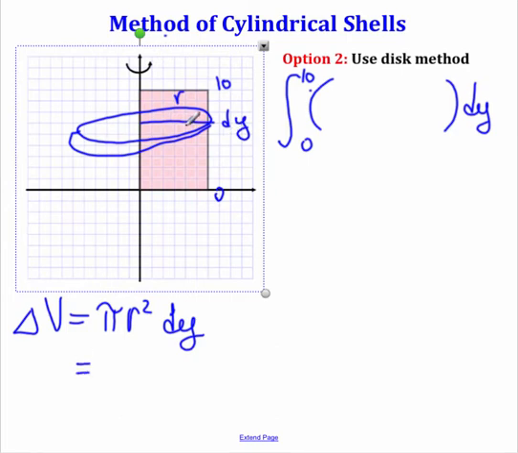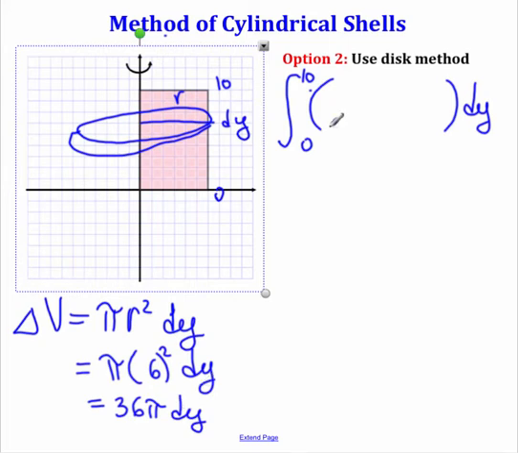We notice that our radius doesn't actually change as we move from y equals 0 to y equals 10. The radius is 6 and it's going to be squared, so it's going to be 36 pi dy. And that's it in terms of setting up our integral.